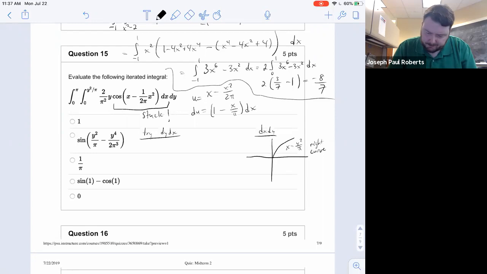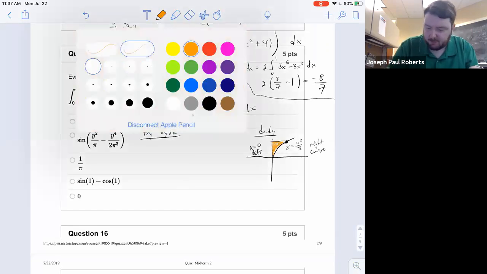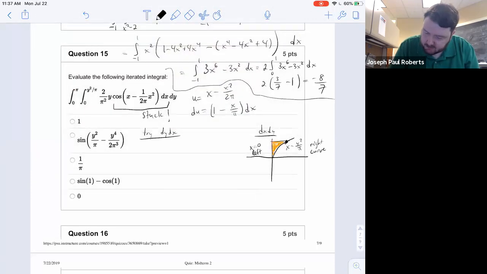And then x equals 0 is the left curve, because that's what these bounds are telling us. And then hopefully this intersection happens at y equals pi, and we're dealing with a region that's both type 1 and type 2. Otherwise it could be some weird trapezoid-like shape with a curved side if this intersection doesn't work out.